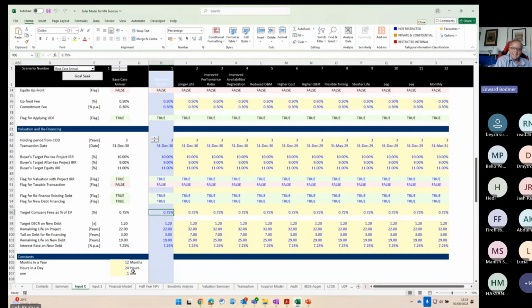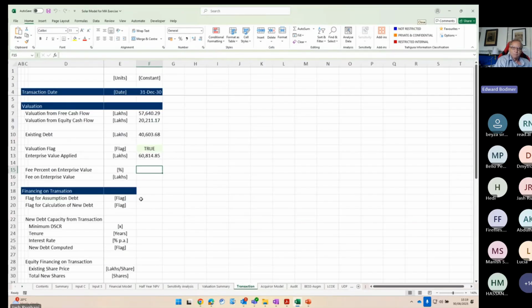So go back to the transaction page and put that fee percent in. Then take that 0.75% and we're going to pay that on the enterprise value, and then we're going to have to pay all these fees.